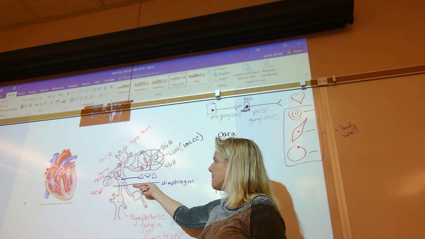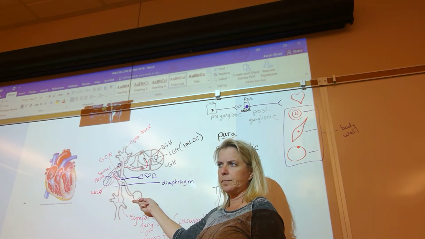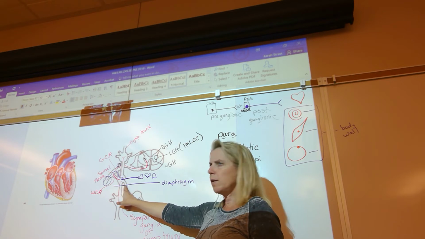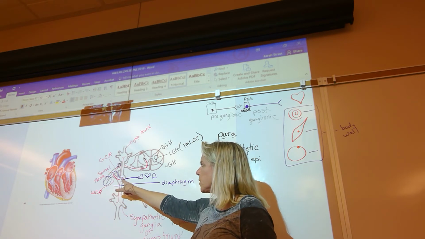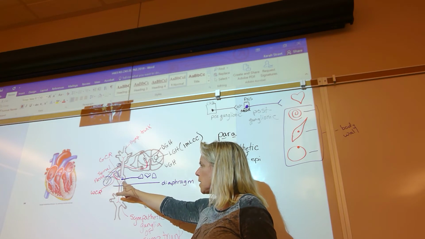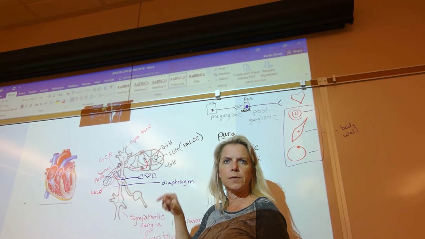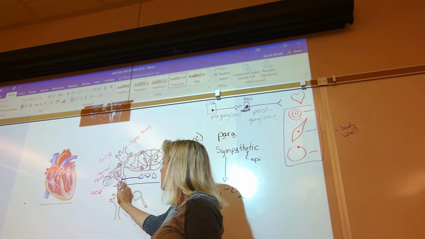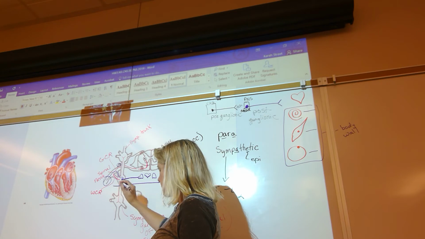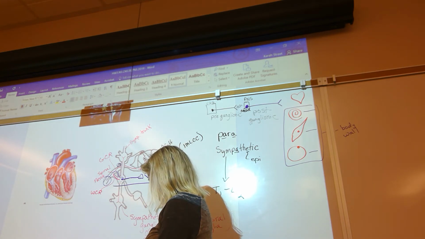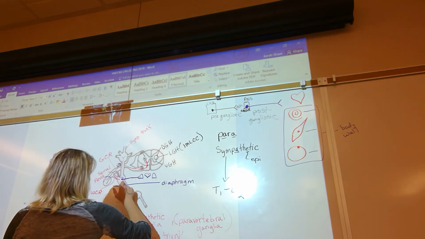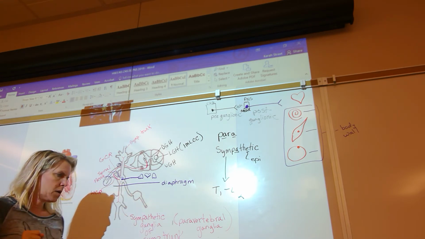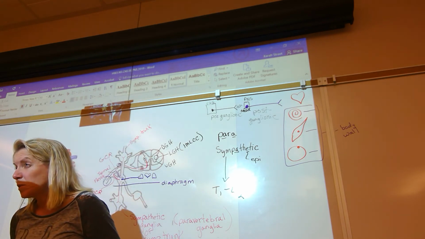Now, what about below the diaphragm? So, Lisa, do you see how this nerve is kind of just growing out from the back? Okay, I could have drawn this axon coming through there and going to the heart or lungs. Below the diaphragm, we start to see one of our exceptions.